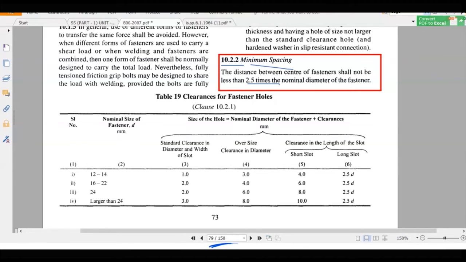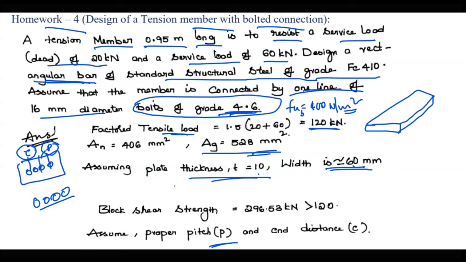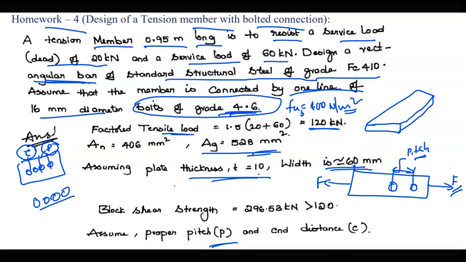So for example, if you consider this, there is a bolt here and here. This distance is called the pitch, and this is force F. So this pitch is measured along the direction of the force, between the center to center of these bolt holes, right?